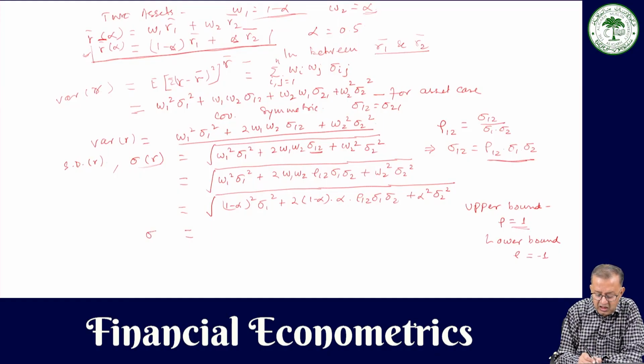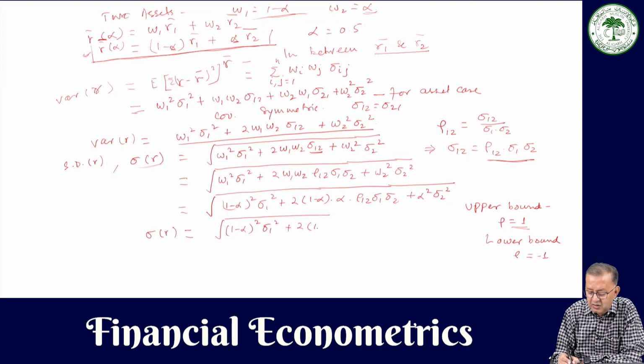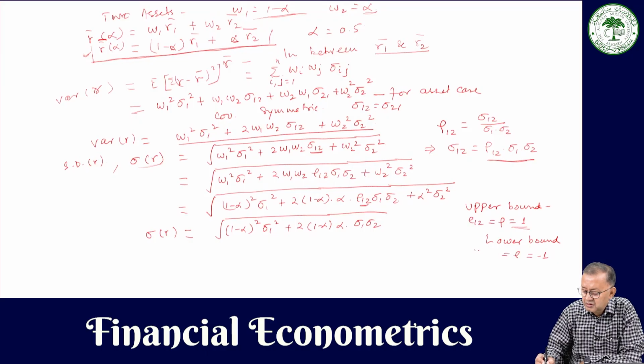Then sigma r can be written as (1 minus alpha) square sigma 1 square plus twice (1 minus alpha) into alpha sigma 1 sigma 2 rho 1 2, plus alpha square sigma 2 square.